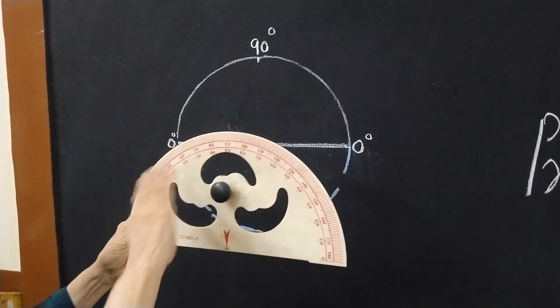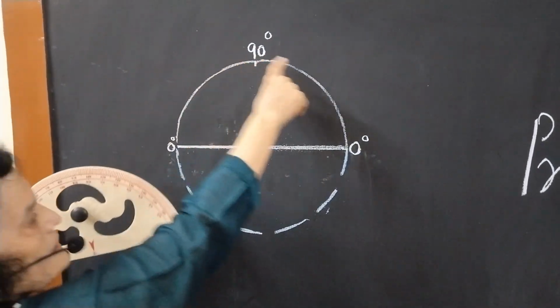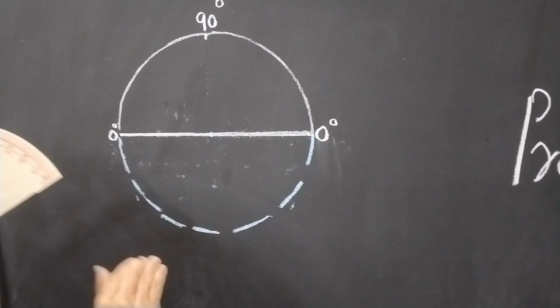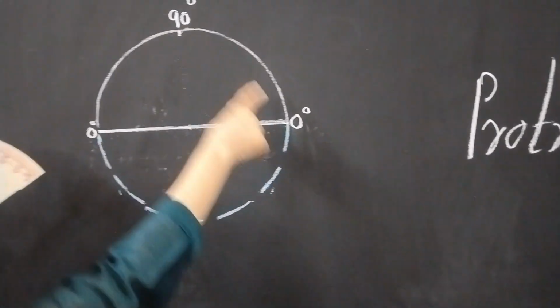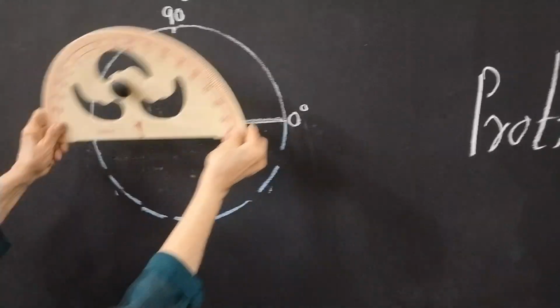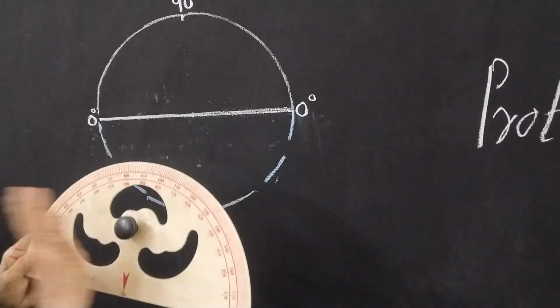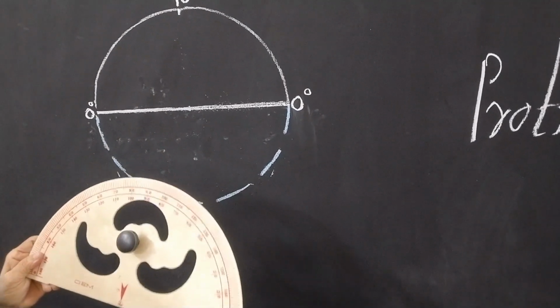Means half the circle is taken. So this was the full circle. Half of it was broken and thrown away, and the upper part is taken as the protractor itself. So it is a semicircular structure.